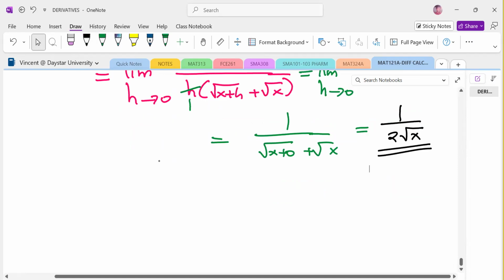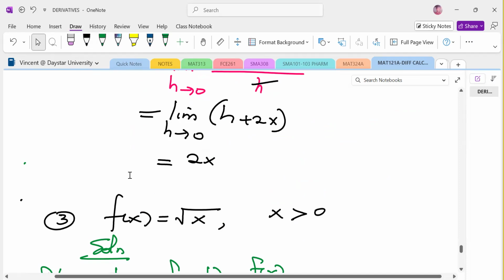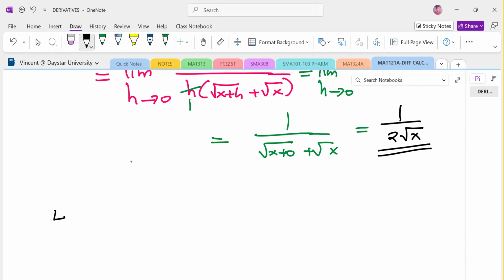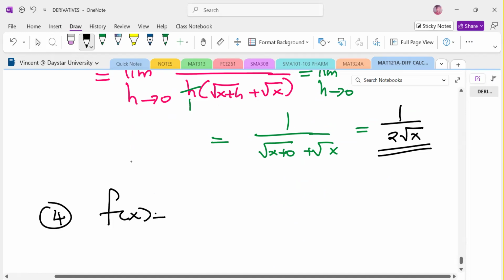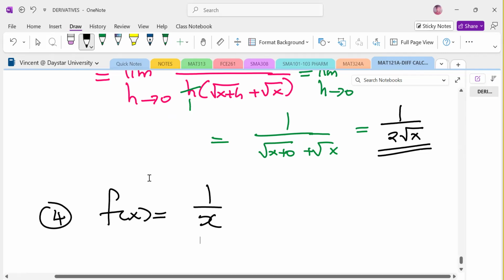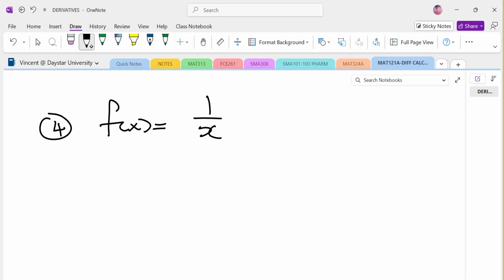Then lastly, that was number 3. Number 4, if our f of x is given by 1 over x, we do the same process.